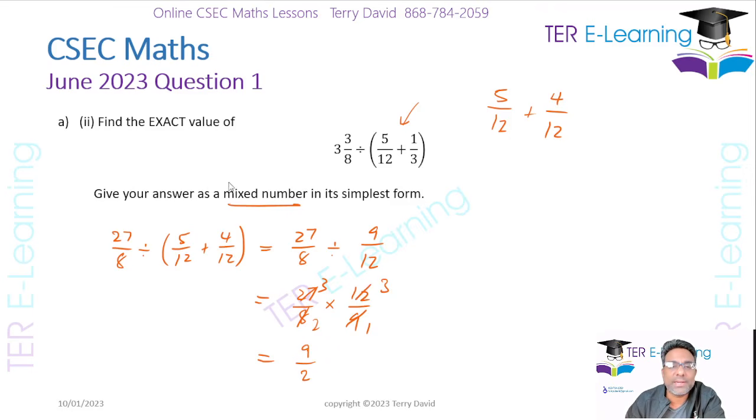But I want the answer as a mixed number, so this here is going to be 4, 4 2s are 8, remainder 1. So that's 4 and a half, 4.5. Let me just double check to make sure we don't have any errors there. 3 and 3/8 divided by, open brackets, 5 over 12 plus 1 over 3. Are we going to get 4.5? So that part is correct there.